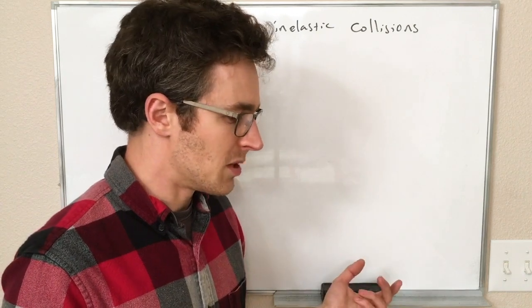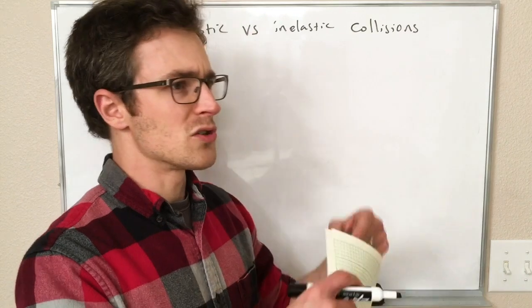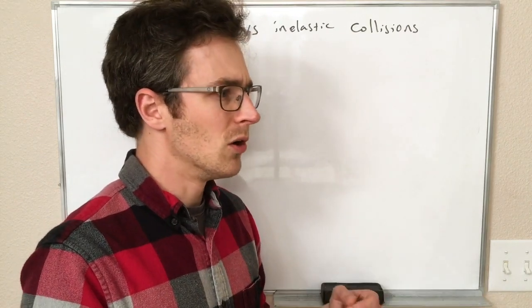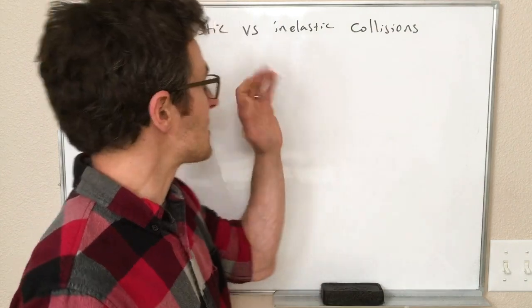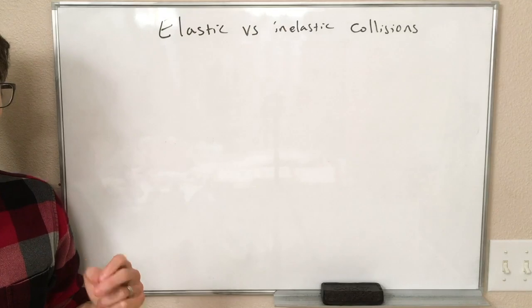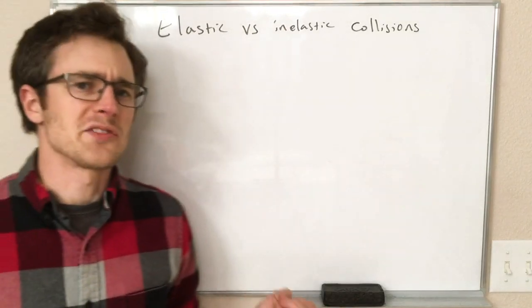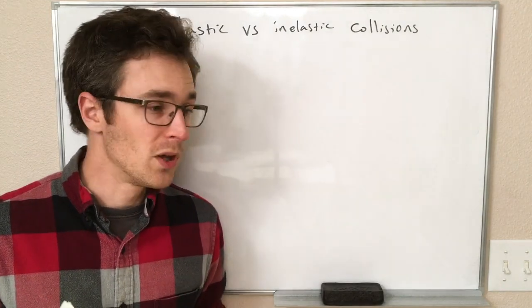So the examples we've seen, we know both of the initial velocities, and then we know one of the final velocities and want to solve for the other final velocity. So that's how things have to look for inelastic collisions. For elastic collisions, this energy conservation puts another constraint on the problem.